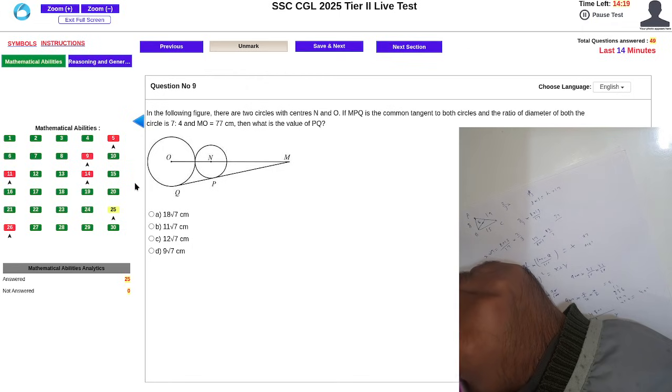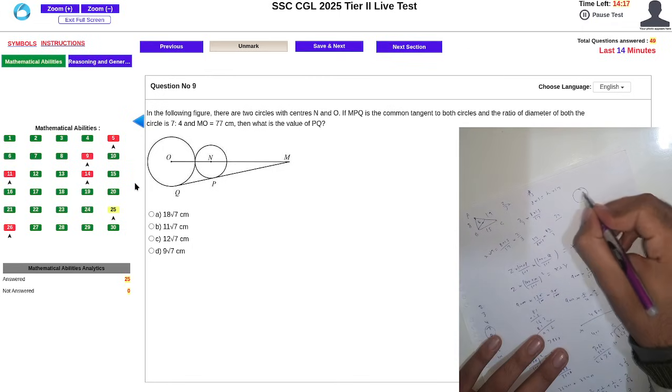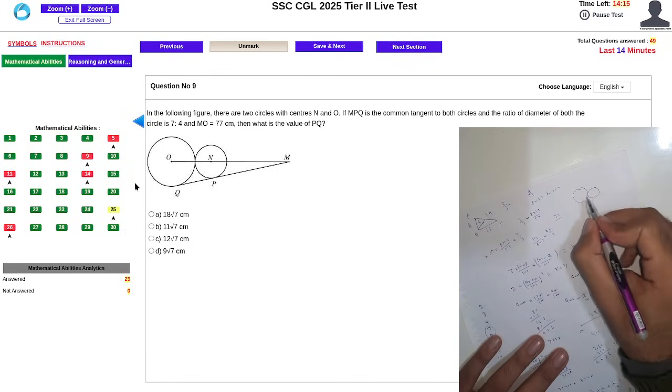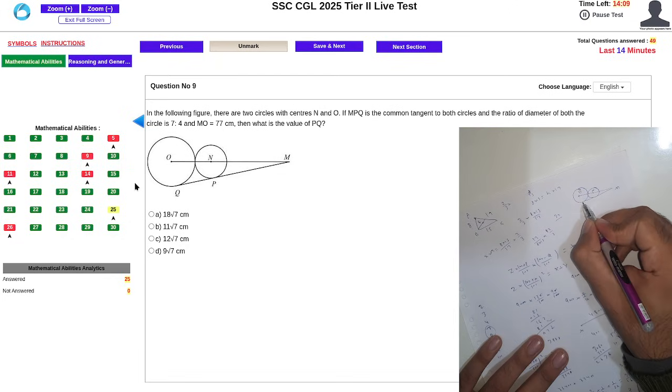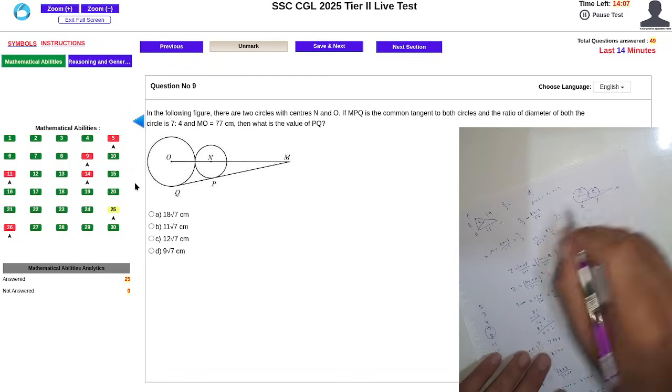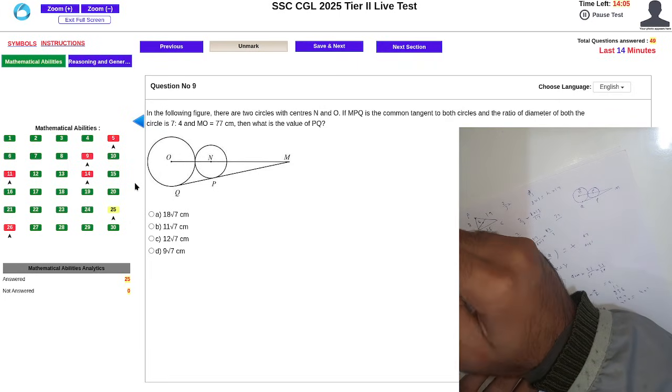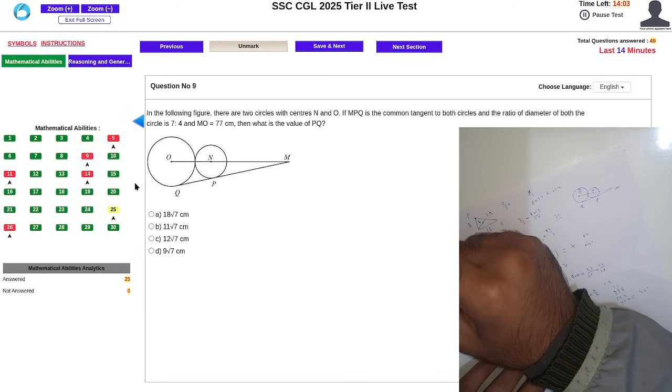In the following figure, there are two circles with centers M, N, Q, P. The center shape M, P, Q is a common tangent to both the circles. The radius or the diameter of both the circles is, and the ratio of the diameter.